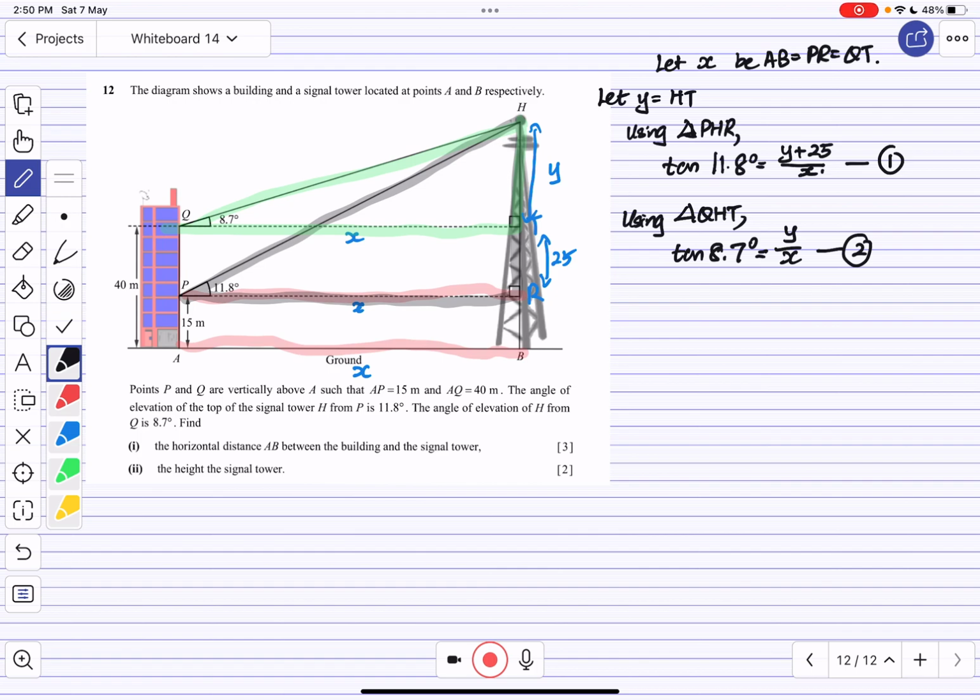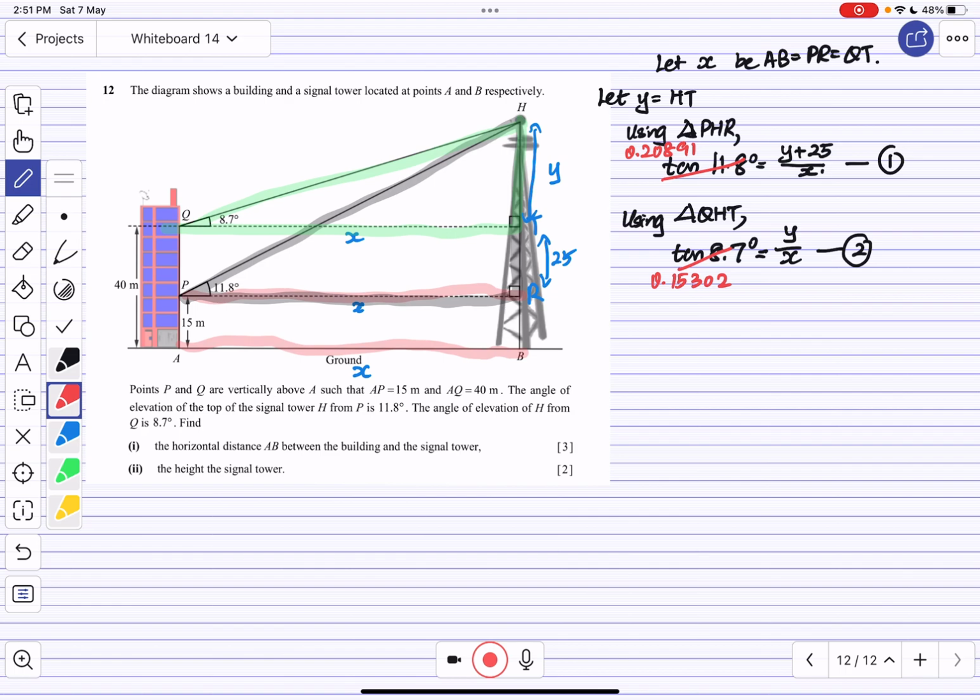Now from here, you go and solve simultaneously. Let me work out tangent 11.8 with my calculator on the side. This turns out to be 0.20891. Tangent 8.7 turns out to be 0.15302.